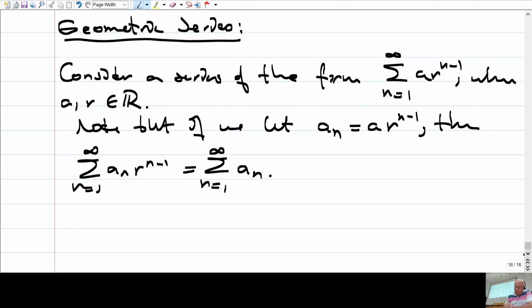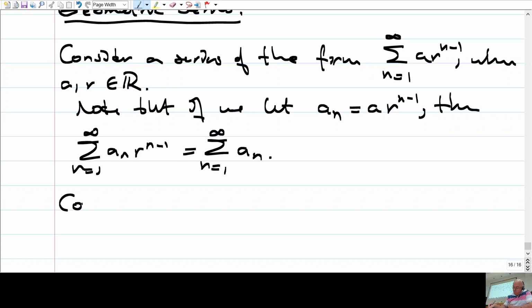Now let's study whether this is convergent or not. How can we do this? Well, what's the definition? One should write down its sequence of partial sums.